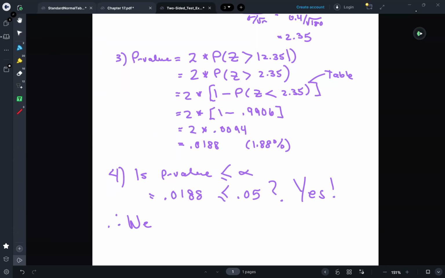Therefore, what are we going to do? Our decision is to reject. So this is important, right? We have statistical significance.